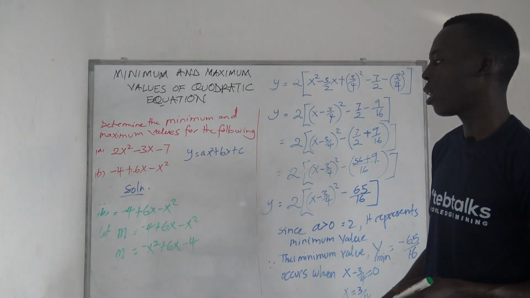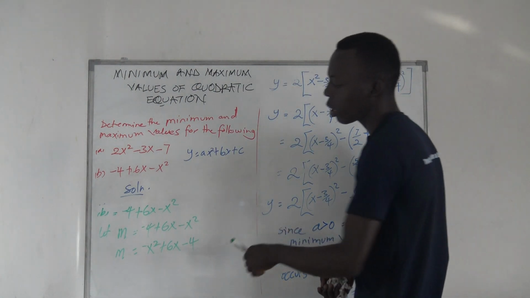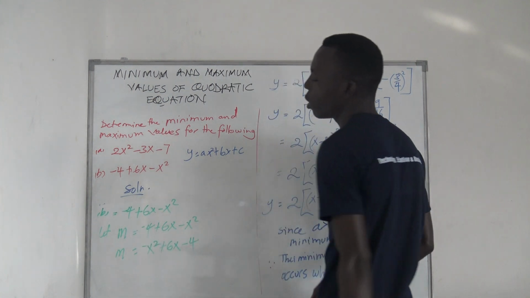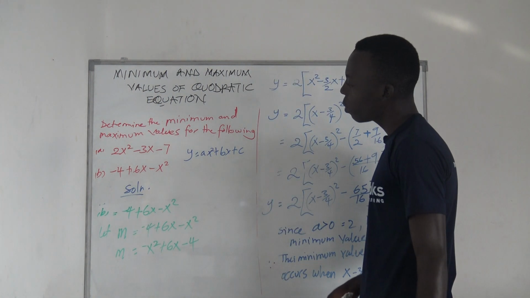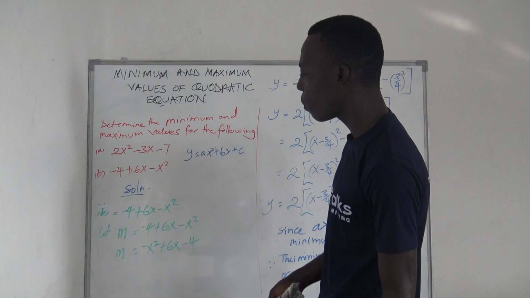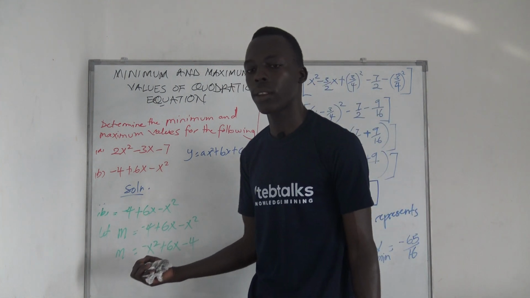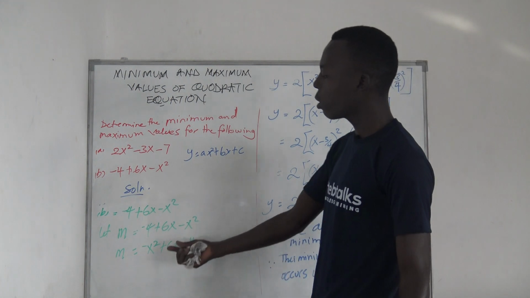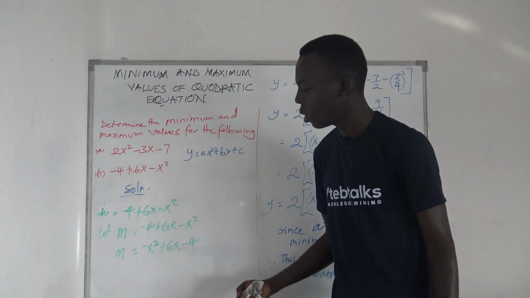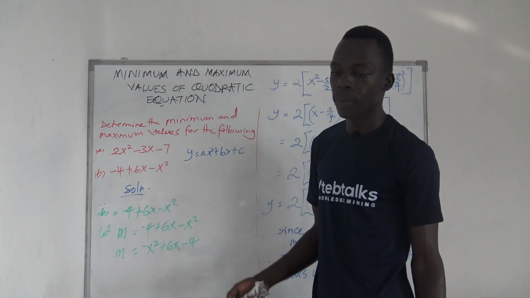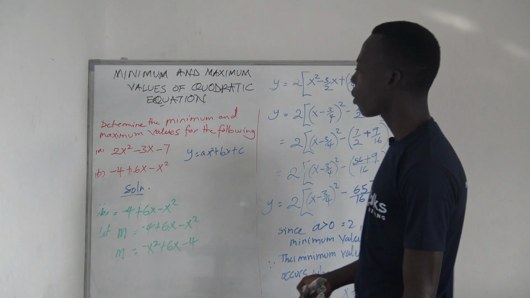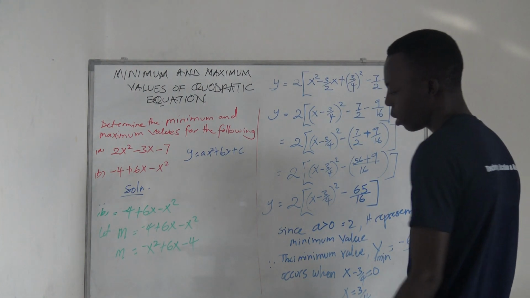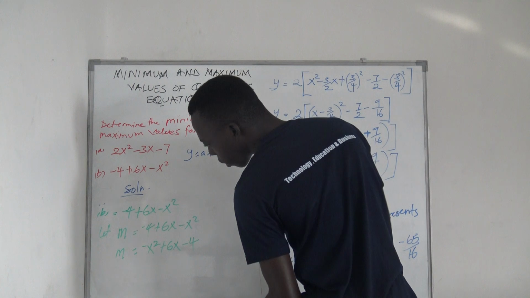So we have rearranged. Now we are saying that here the x squared is negative, and we said also that to get the maximum, this value must be less than 0. So by looking just at this equation, that one calls for us getting the maximum value. So we are continuing.